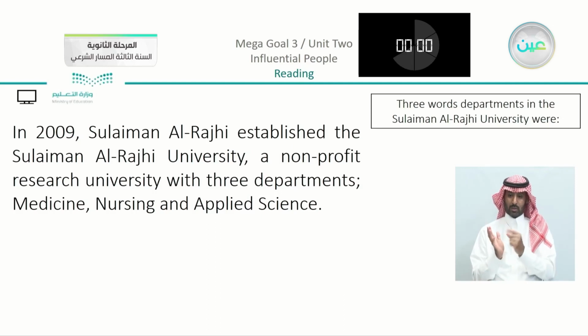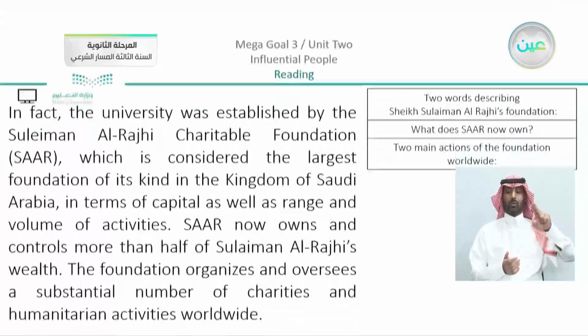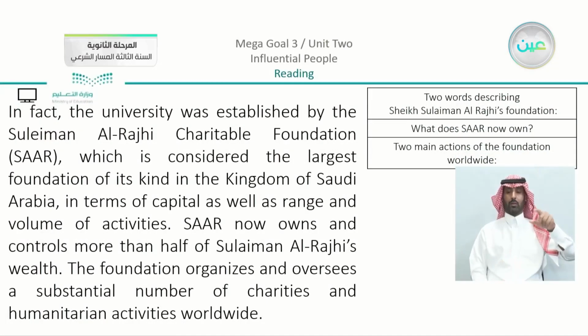The answers are medicine, nursing, and applied science. These were three departments in Sulaiman al-Rajhi University. Now we have two words describing Sheikh Sulaiman al-Rajhi's foundation, and what does SAAR now own? And two main actions of the foundation worldwide.